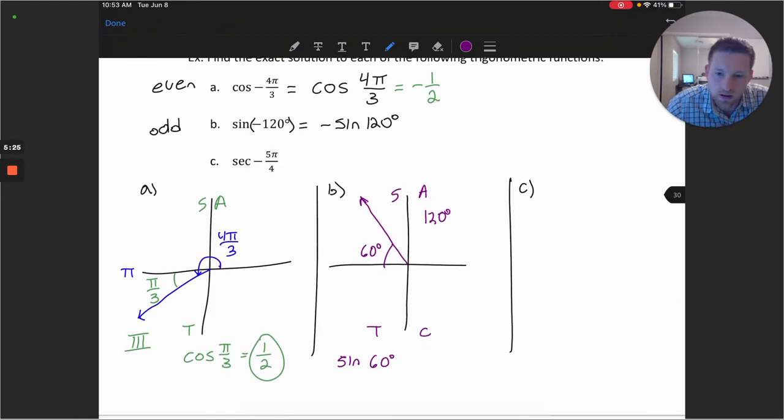And since sine is positive in the second quadrant, we know sine of 60 is actually going to be equal to sine of 120. They're the same. And that happens to be the square root of 3 over 2. So this will end up being a negative since we have a minus sign here, and the sine of 120 is square root 3 over 2.